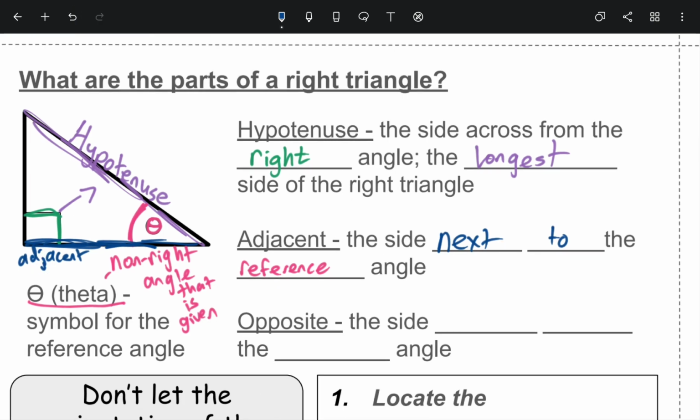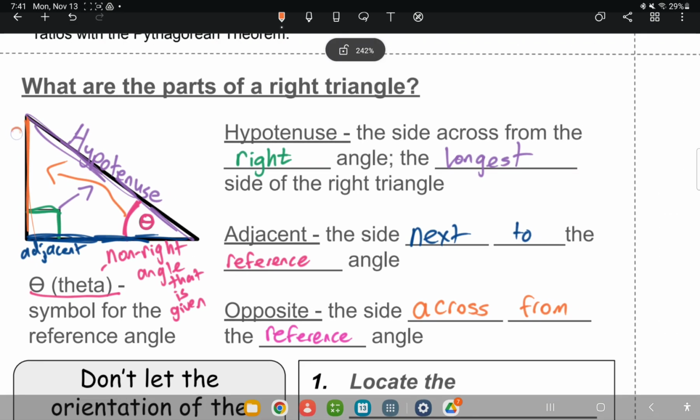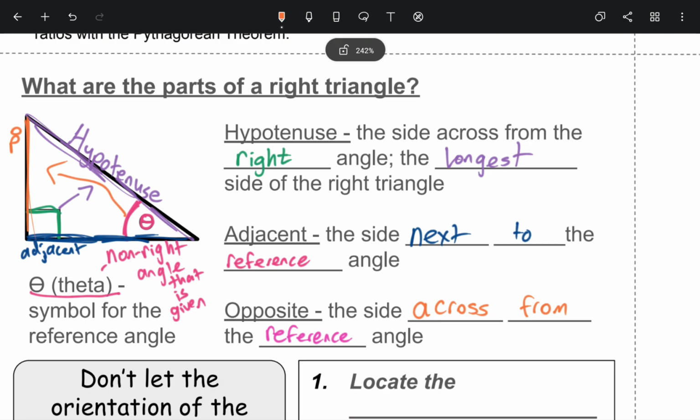Okay. And our last side is the opposite. The opposite is the side across from the reference angle. So that is this side right here. If we go across from that, that is our opposite.